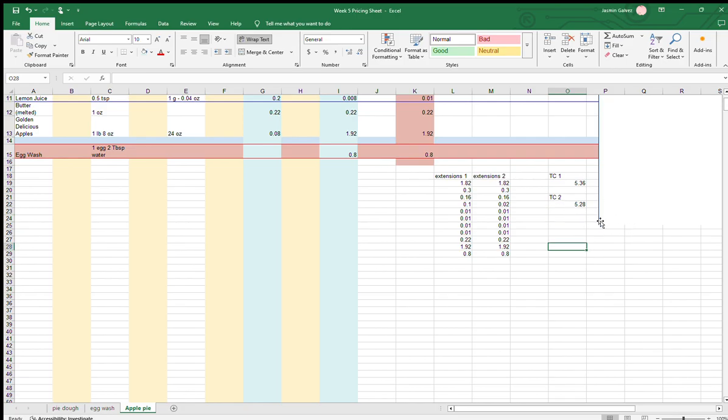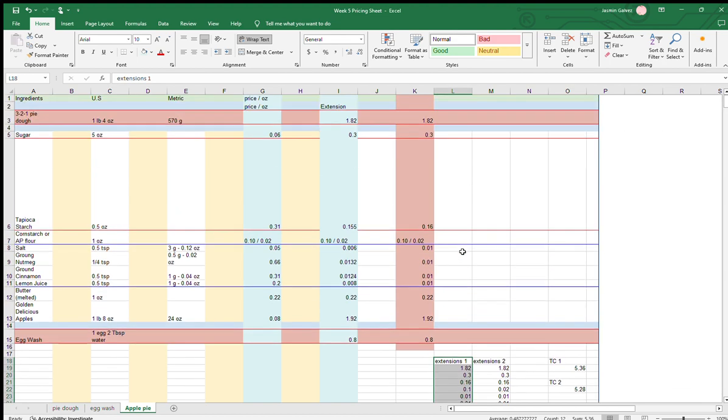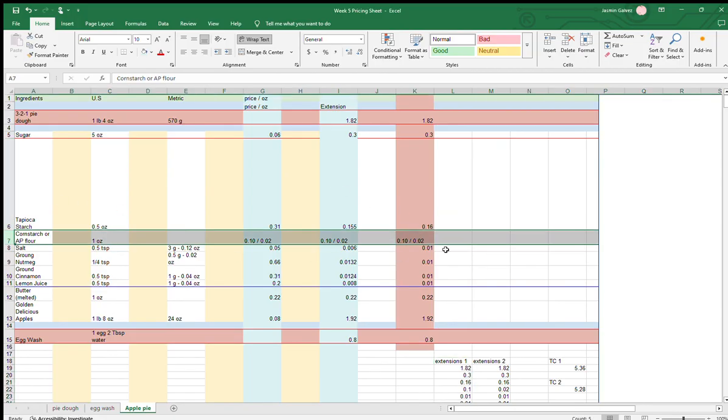Alrighty, now we have two costs that are practically the same thing except just a couple cents off. Total cost 1 is this section, and what we did was to use the cornstarch in this one.